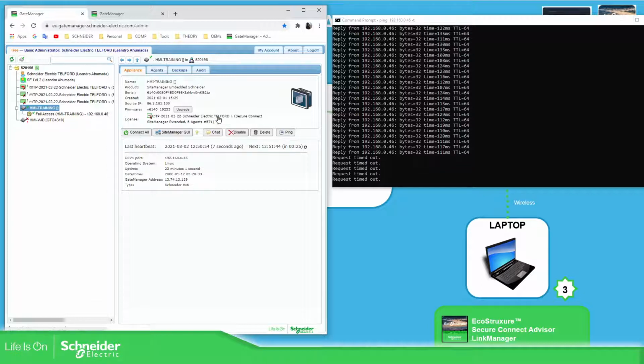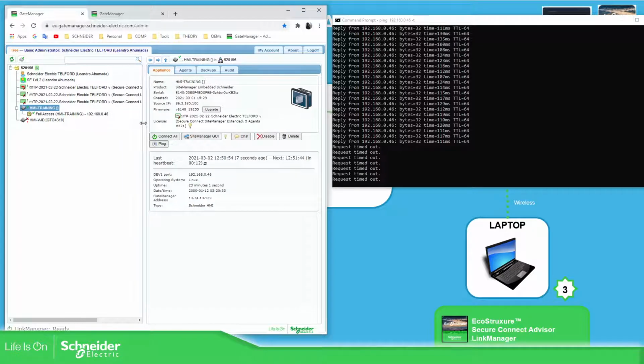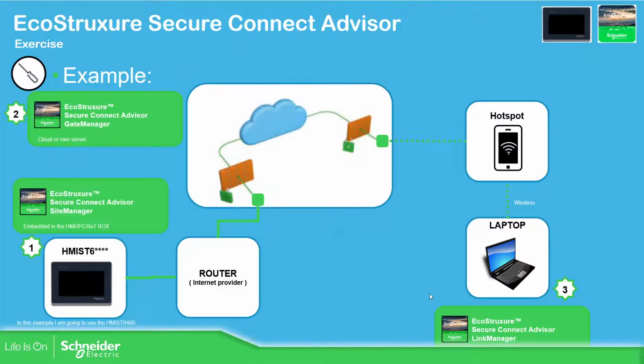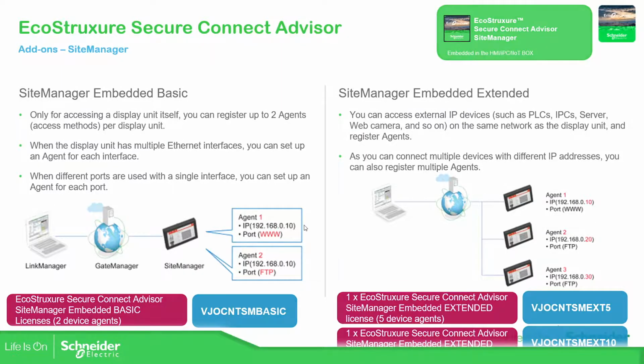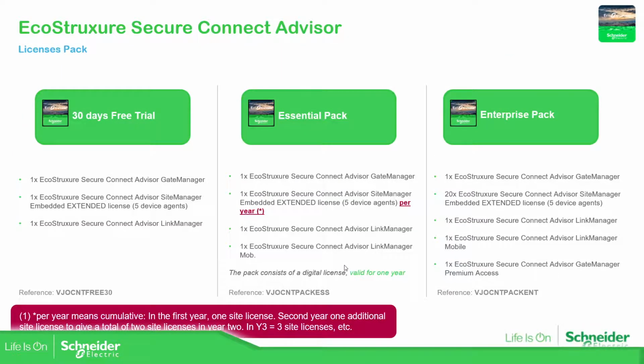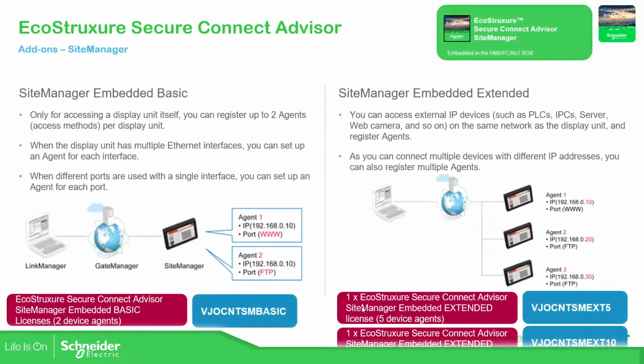You will need to wait 24 hours, if I'm not wrong, for this license to be free, and then you should be able to use it in another site or another HMI. That's why it's important to have more licenses for different sites, because you can connect to different sites if you want.